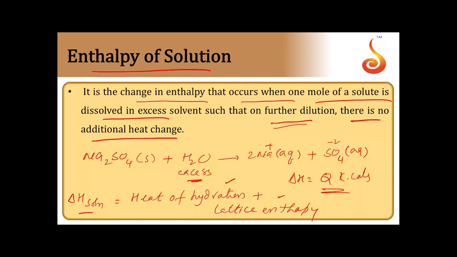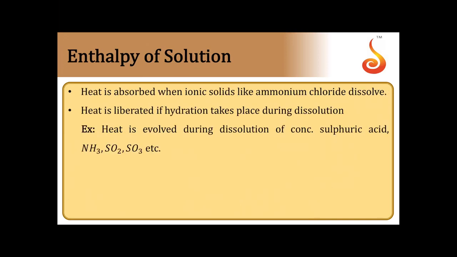So the value depends upon the summation of these two energy factors. If hydration energy is more than lattice enthalpy, then heat of solution is going to be a negative value. If lattice enthalpy is more than hydration enthalpy, then heat of solution is going to be a positive value. So it depends upon the heat of hydration as well as the lattice energy.